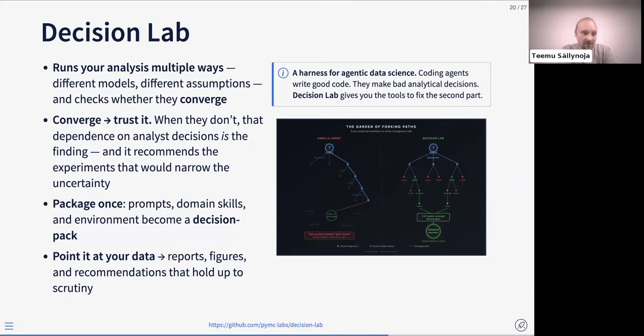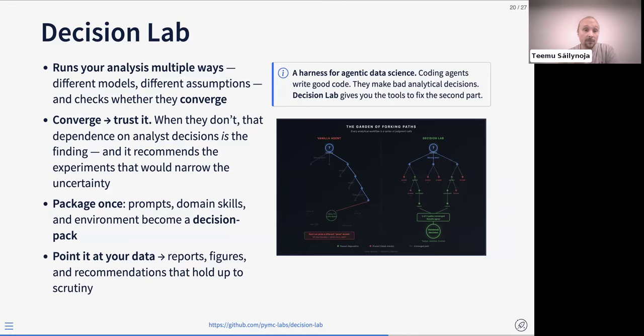And the key idea is also that you package these approaches. So you can make decision packs that contain the prompt for your specific forecasting problem or analysis problem, some relevant skills, and you package this into a reproducible environment, lock your dependencies, and you can run your analysis again and again.